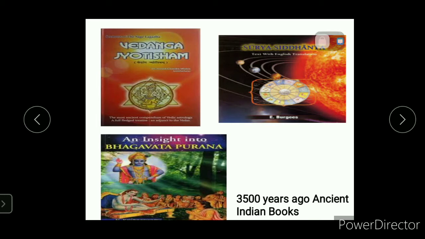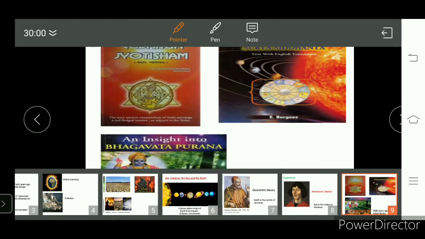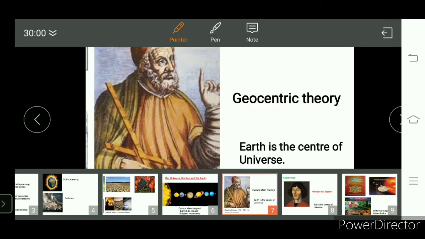So what we have studied here is two theories we have discussed, right? One is the geocentric theory proposed by Ptolemy, which says that Earth is the center of the universe. That is a wrong theory, right?